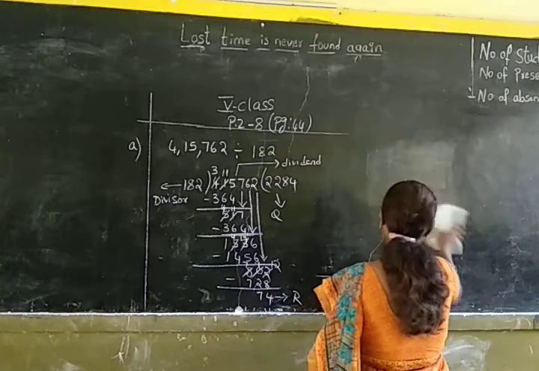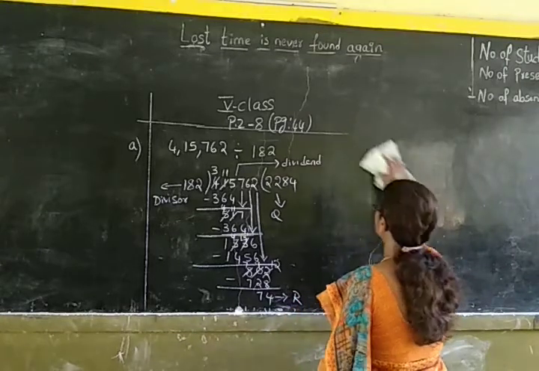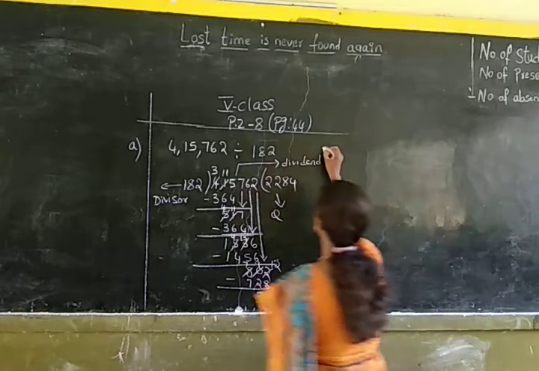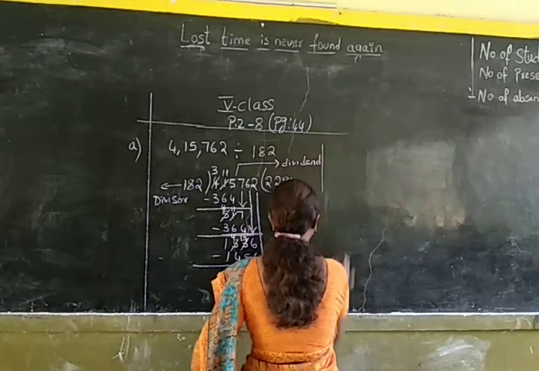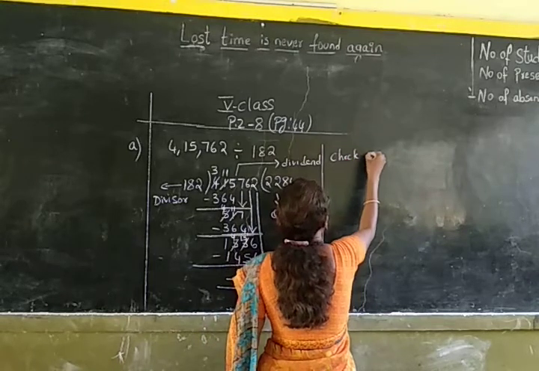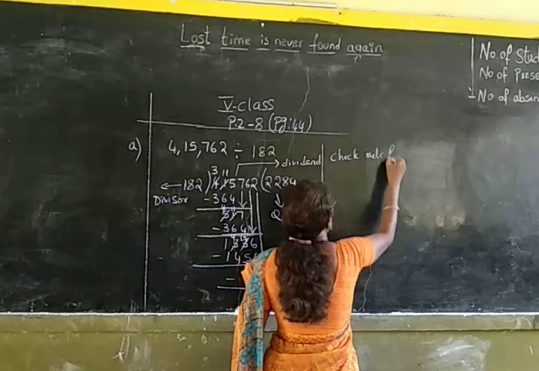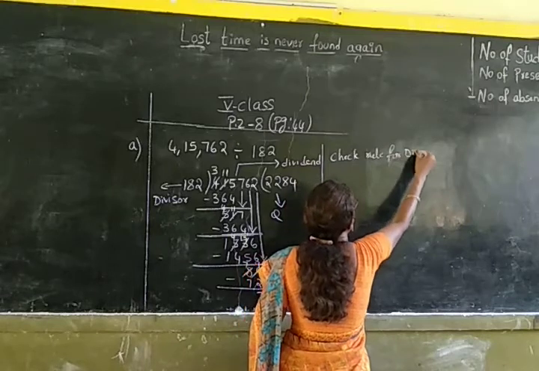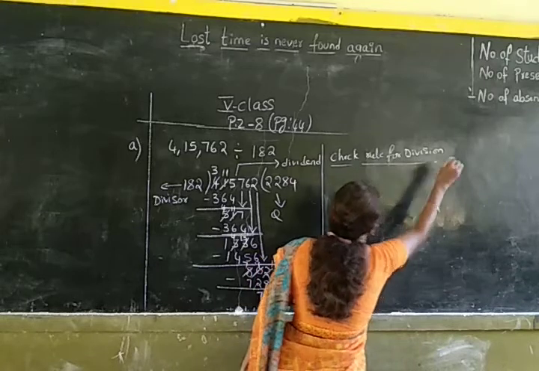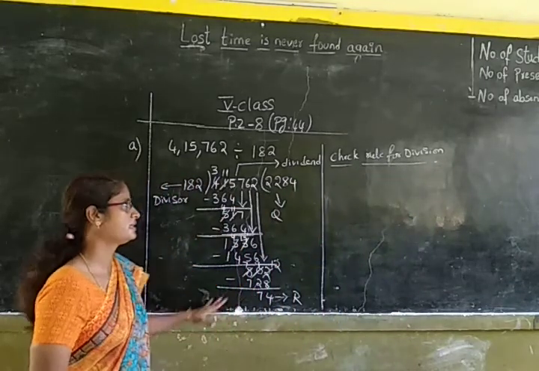So now I write the division rule. Check rule for division. Now I am going to check whether my division is correct or not.